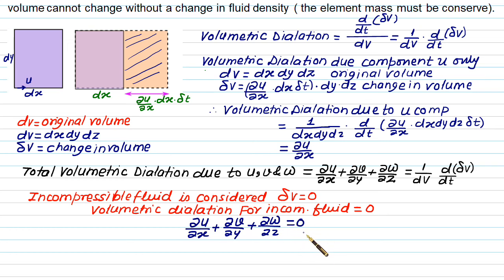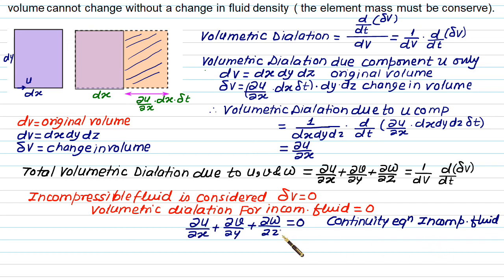And we'll prove that this is the law of conservation of mass in 3 dimensions, or what is many times called the continuity equation for incompressible fluid and steady flow.